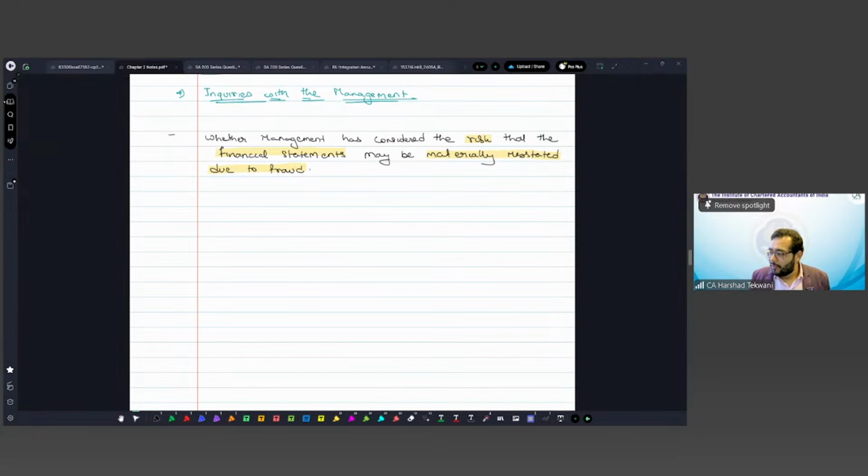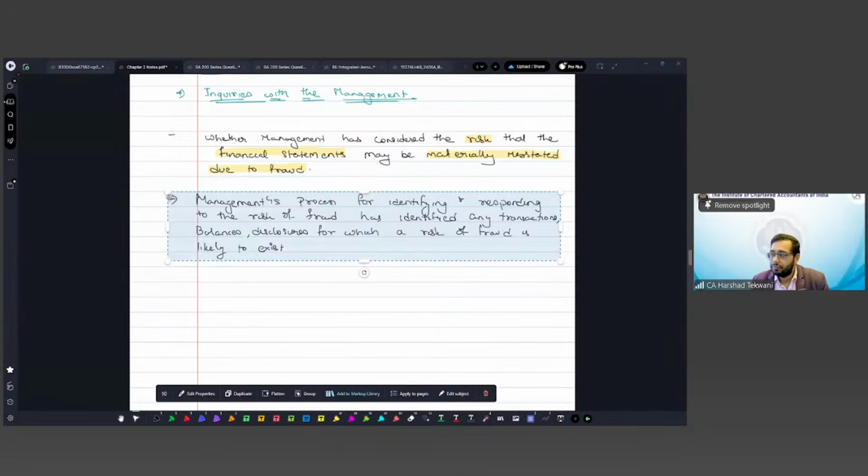That is the part of inquiry only. I will ask management, tell me how you are preventing fraud in the company. So management's process for identifying and responding to the risk of fraud could be there in the company. Yes or no? Yes, sir. If the management itself is overriding the control, they may not open up. Yep.